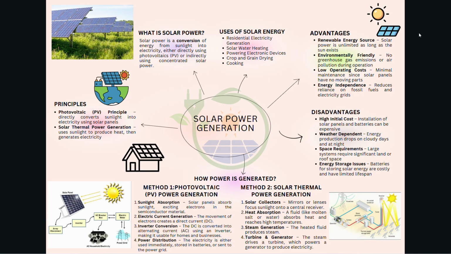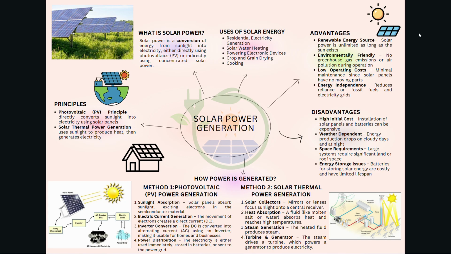And next I will talk about the advantages and disadvantages of solar power. The first advantage is that it is a renewable energy source. Solar power is unlimited as long as the sun exists. And next is being environmentally friendly. There is no greenhouse gas emission or air pollution during operation.